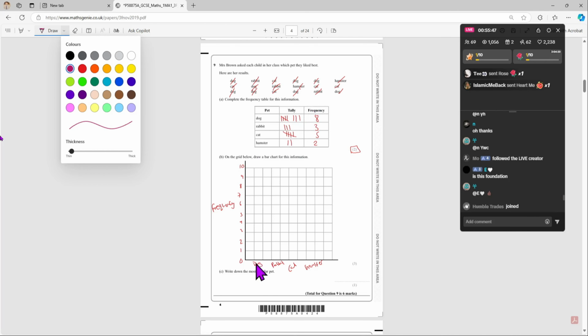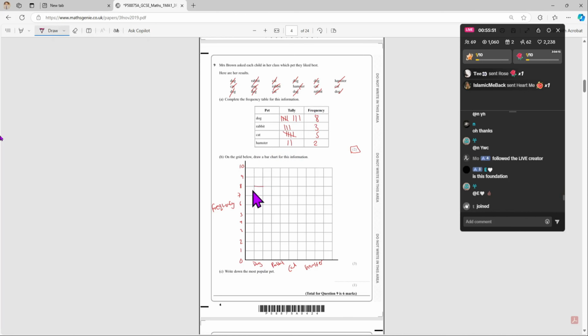We know that our bar for the dog is going to go up to 8, up to here, and then we just have to draw it with a ruler. Now obviously I can't use a ruler because I'm on a computer. So you're going to use a ruler and draw the bar chart. It's very, very easy.